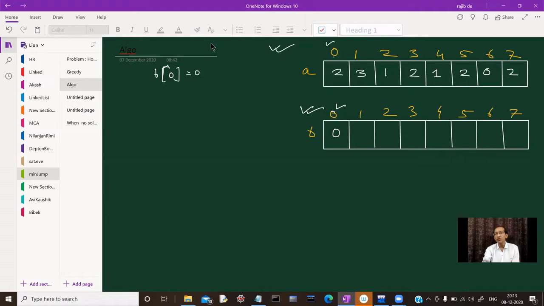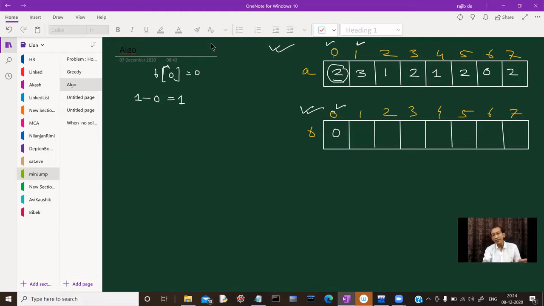Now consider the second location, that means index 1. To reach index 1, how many jumps do you require starting from 0? You require 1 jump. And does your index 0 have that number of jumps so that you can reach from 0 to 1? Yes, it is having 2.